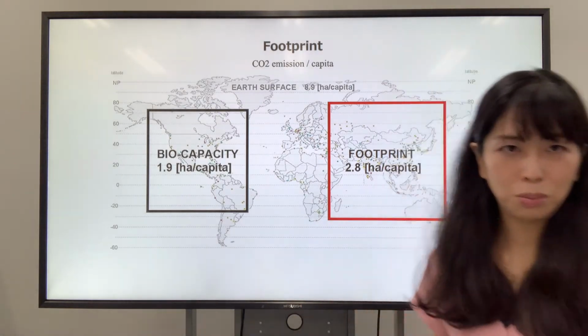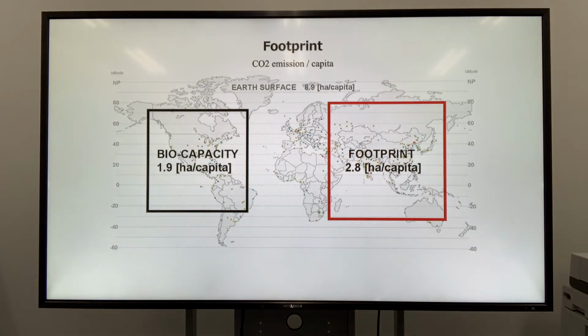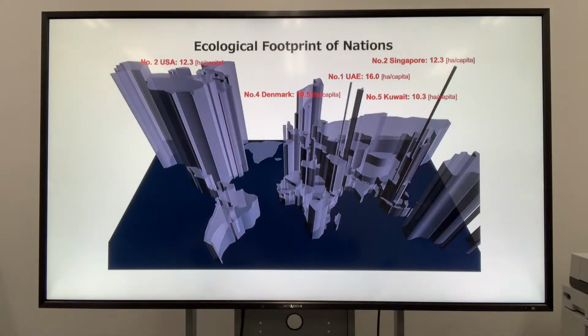Just moving on, in terms of understanding the framework behind the ecological footprint, this diagram shows the ecological footprint of nations. At that moment, around 2001, the highest was the UAE, with 16 hectares per capita, and then number two, Singapore, with 12.3 hectares, and also the USA, 12.3 hectares, and then Denmark 10.5, and then Kuwait 10.3.